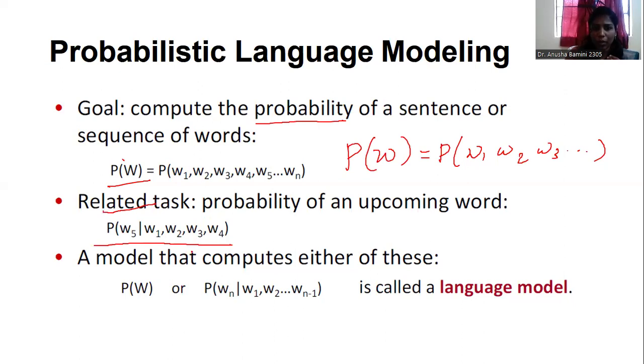A model generated on this basis, one that computes either of these, is called a language model. By default, you can take this equation: P of Wn given W1 to Wn minus 1.